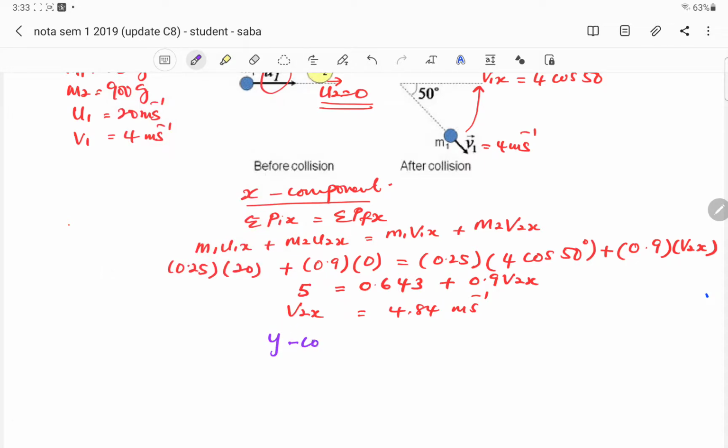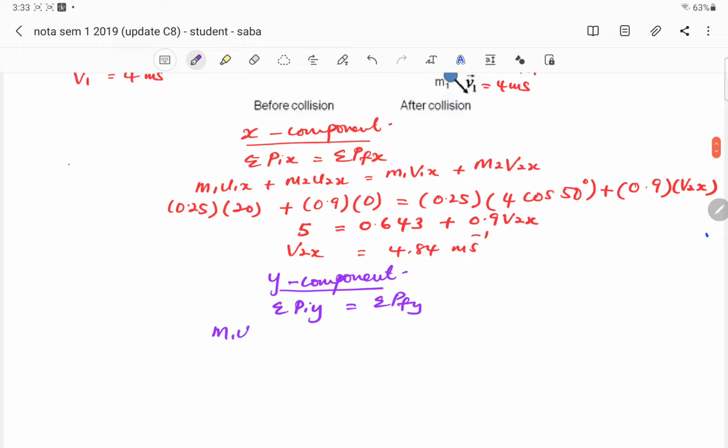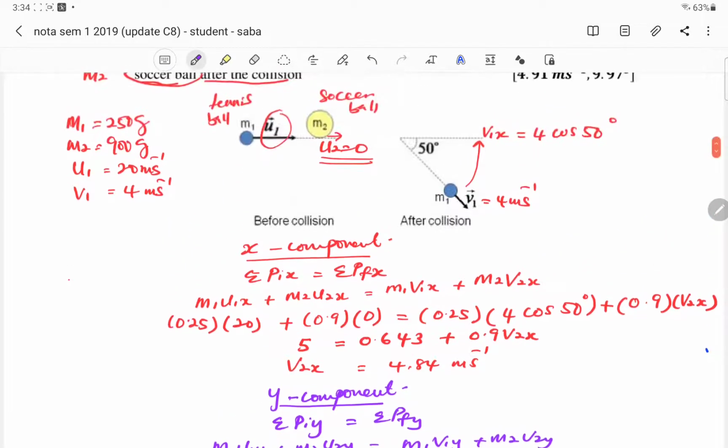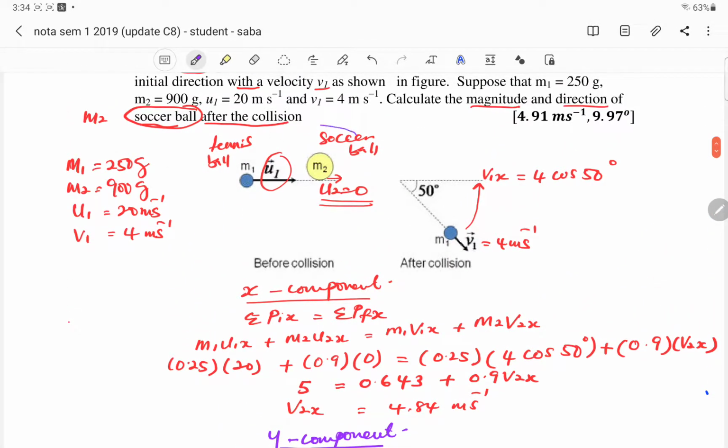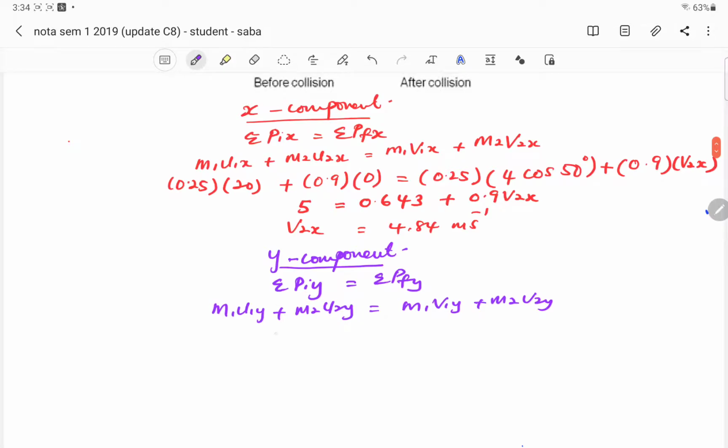For the y component, because this is a two-dimension collision, summation P initial y equal to P final y. So again we write M1 U1y plus M2 U2y equal to M1 V1y plus M2 V2y. Looking at the collision here, there is none in the y component, it only happens in the x component. So y component is 0 for both mass.